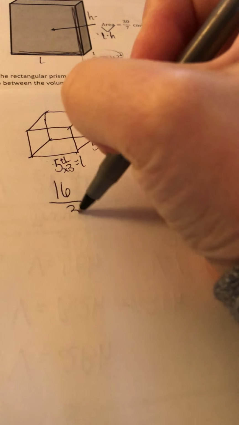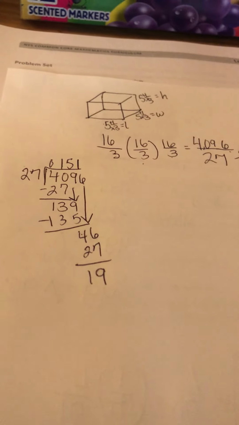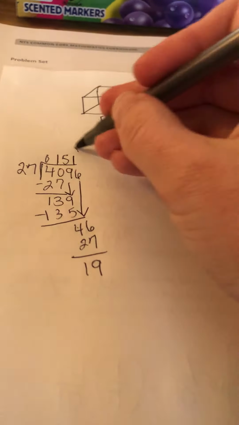Bring down the 6. 27 can go into 46, I'm going to say 2 times. Maybe that's a little too much. It is too much. So it can only go in once, which is 27. 19. You would be correct if you wrote this answer, but to take it to the next step, it would be 151 and 19 over 27. And what are we working with? We are working with inches. Inches cubed equals the volume.